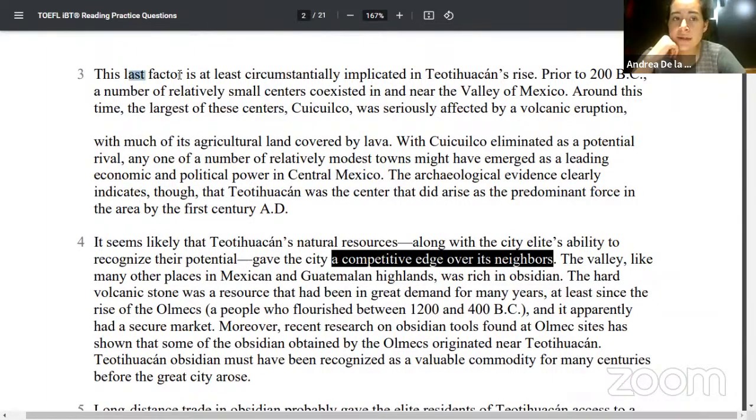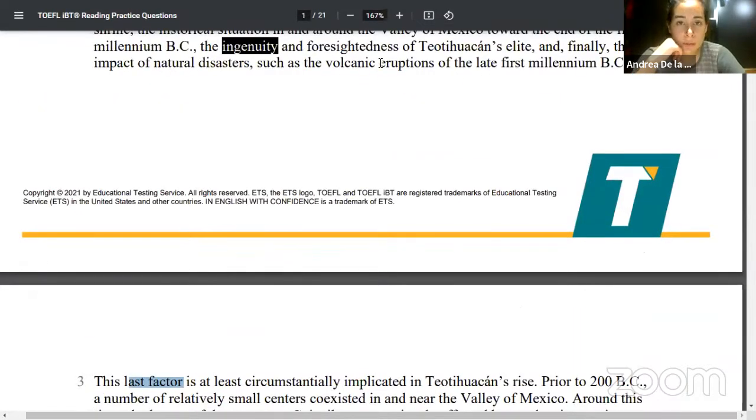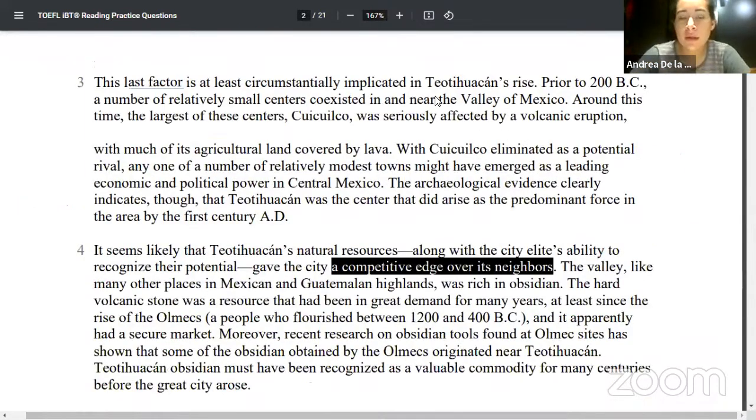It says this last factor, and that last factor, if you remember, was volcanic eruptions. So it focuses on volcanic eruptions and how they helped the Teotihuacan's rise. What about the fourth paragraph?